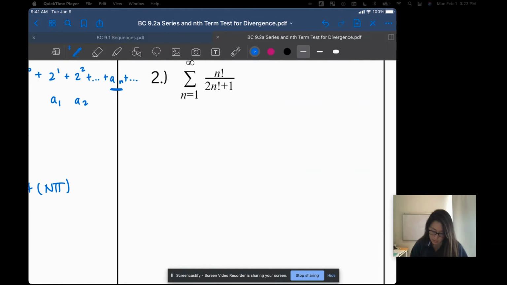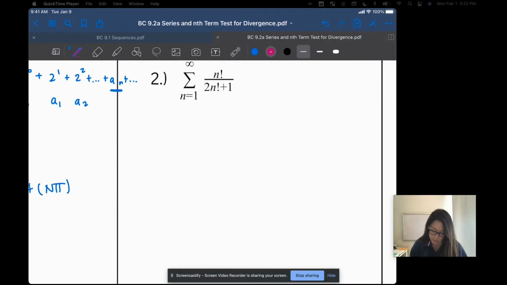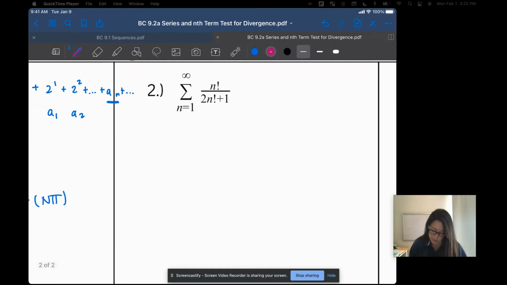All right, so the next one, we have the sum from n equals 1 to infinity of n factorial over 2 times n factorial plus 1. Okay, remember this business right here next to the summation is my a sub n. This is the equation for all the terms in my series.